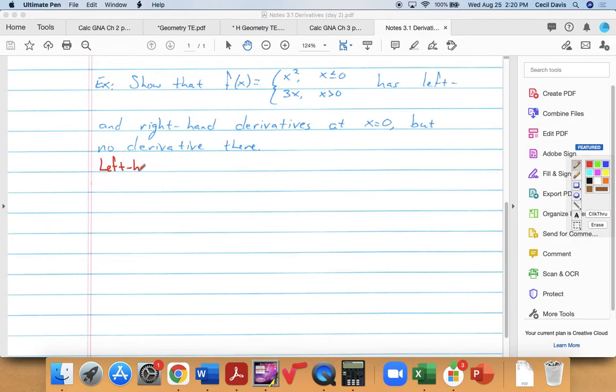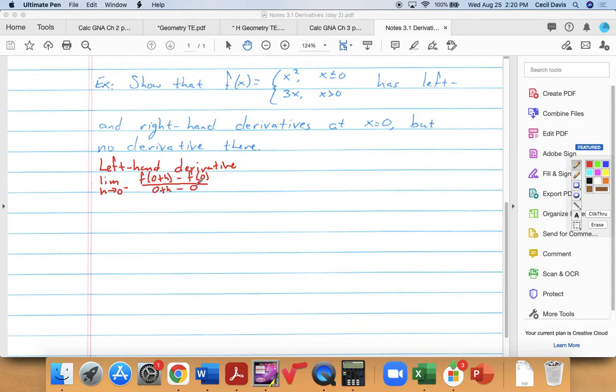So the left hand derivative, we're going to take the limit as h goes to 0 from the left of f of 0 plus h minus f at 0 all over h.